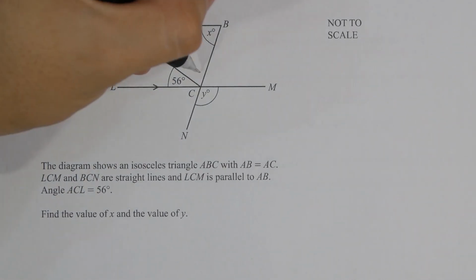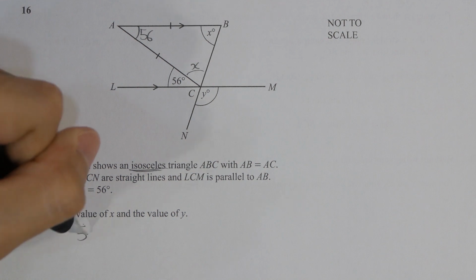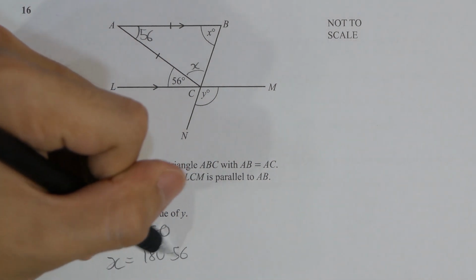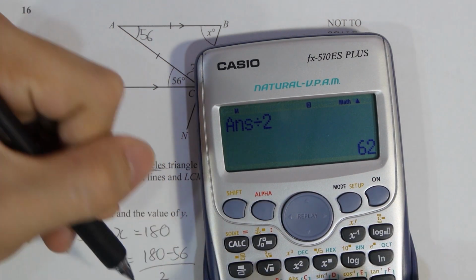So for question 16, based on all the information given, I identify that ACB is equal to x and BAC is equal to LCA, which is 56.